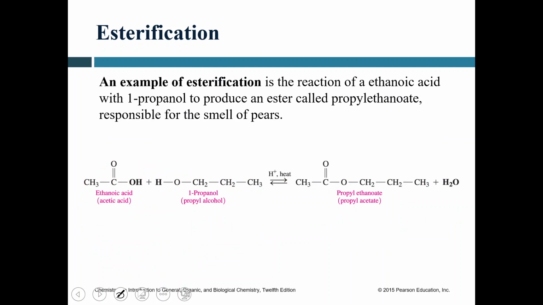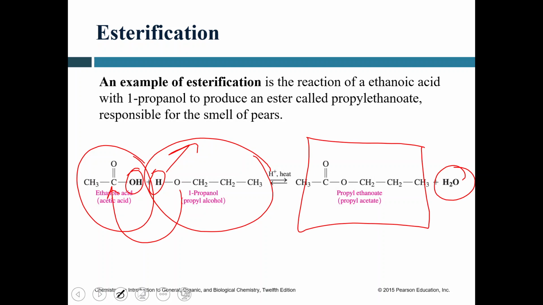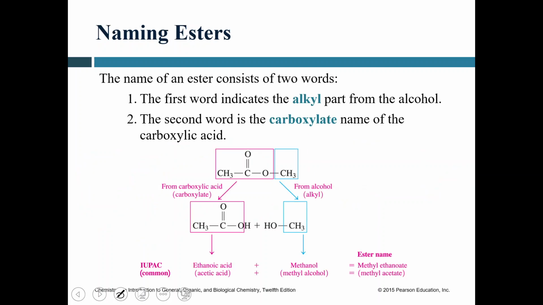For instance, the reaction of esterification shown here is the reaction between acetic acid and propyl alcohol. In the presence of acid and heat, this oxygen attacks carbon, replaces OH, and hydrogen goes away. So water is formed, and now you have an ester, propyl ethanoate or propyl acetate, which is responsible for the smell of pears.